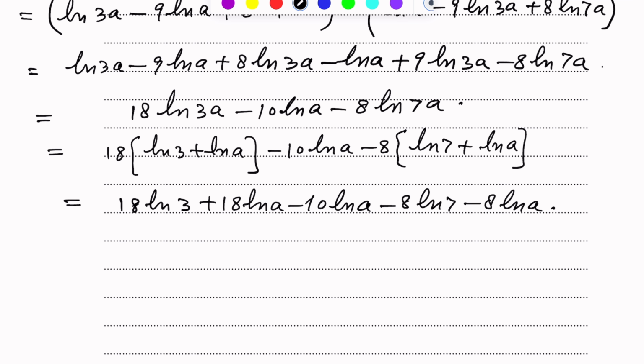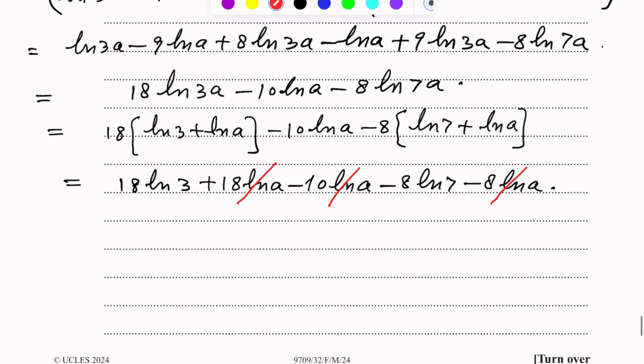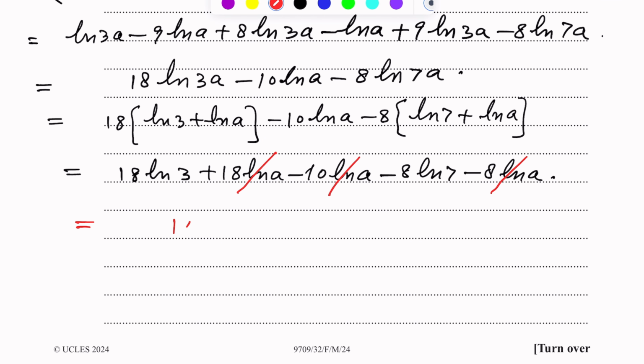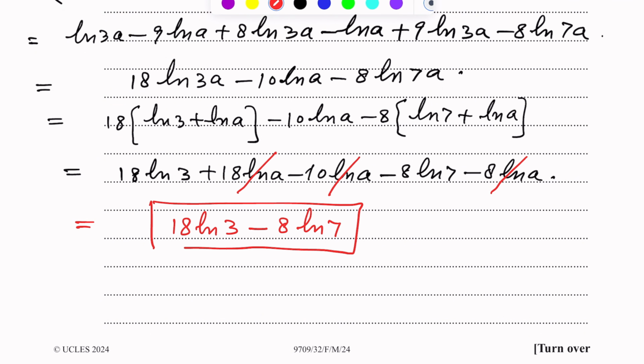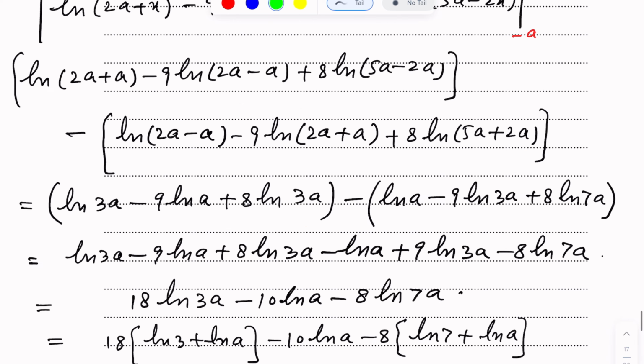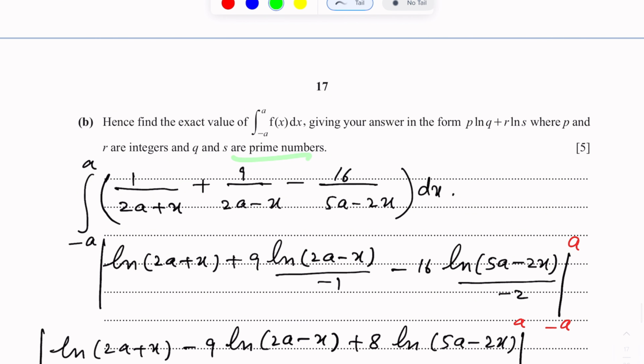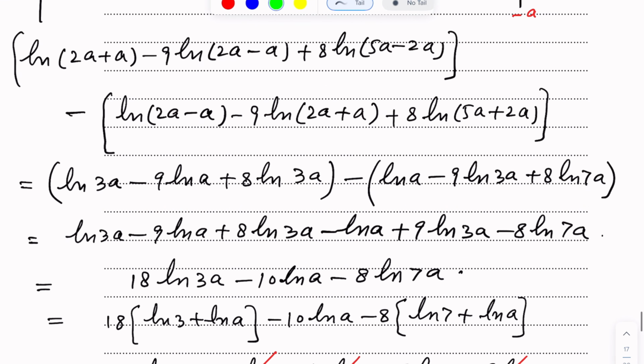These terms will cancel out: 18 log a, and 10 and 8 also cancel out. So finally we get 18 log 3 - 8 log 7. This is the final answer. And clearly these terms 3 and 7 are prime, and p and r are integers.